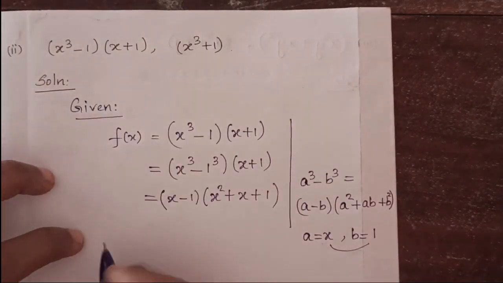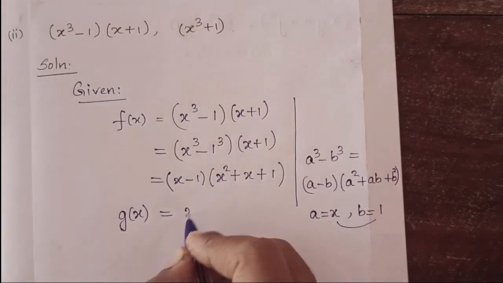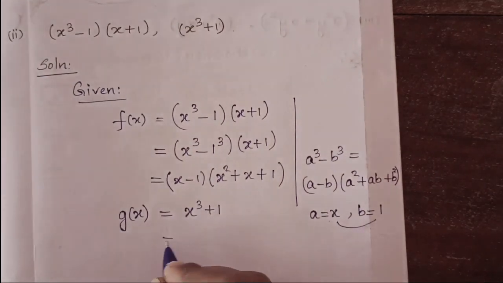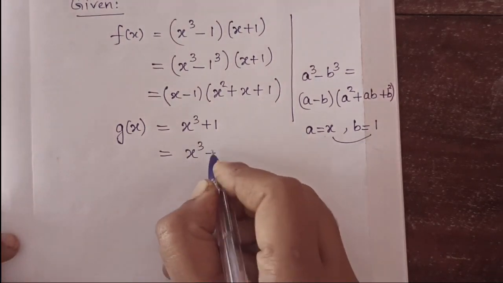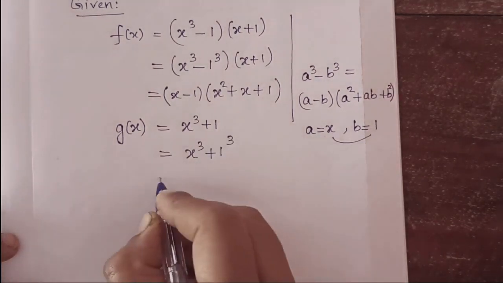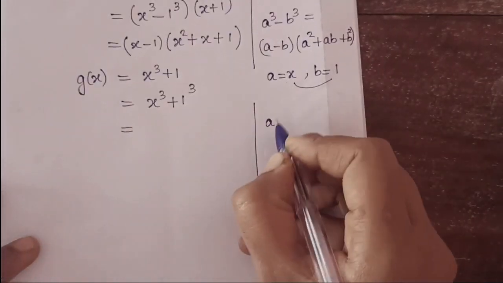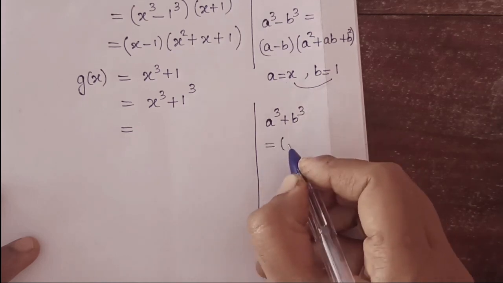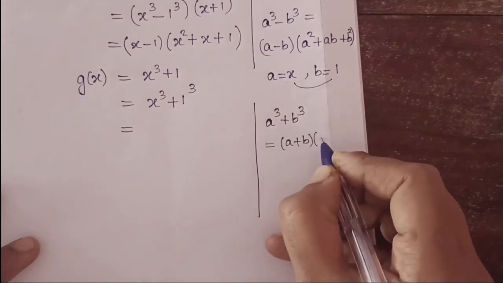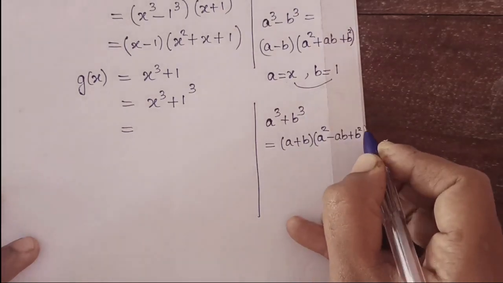Now listen, what is g of x given? g of x equal to x cube plus 1. Shall we apply the identity here? So x cube plus 1 I am writing as 1 cube. So which identity we need to use? a cube plus b cube. Tell the answer. a plus b into a square minus ab plus b square.